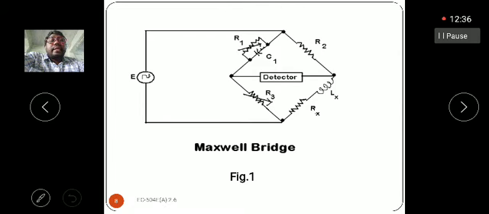The third impedance Z3 is nothing but R3, the variable resistance used for balancing of the circuit. And the fourth is the unknown impedance, consisting of a resistive part as well as a reactance part, that is Rx and Lx. These are connected to the supply, and for balancing we use the detector. This is the construction and circuit diagram of the Maxwell's bridge.